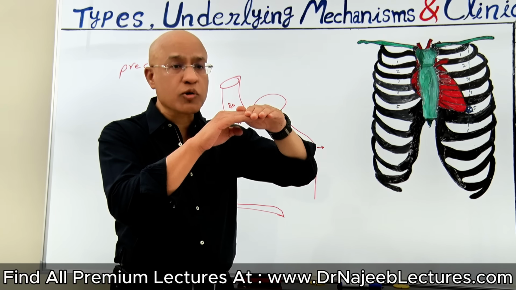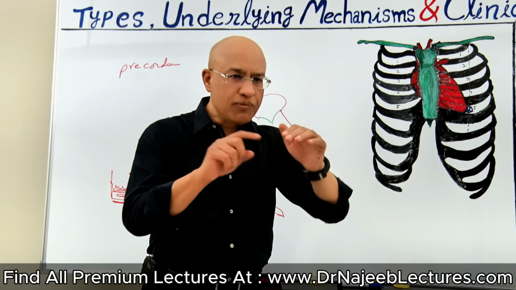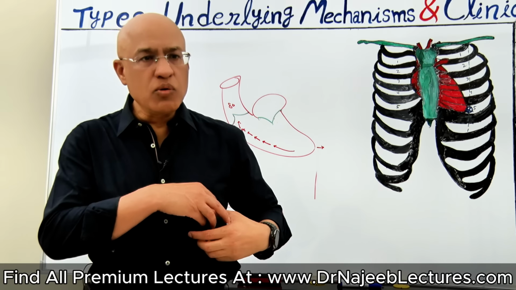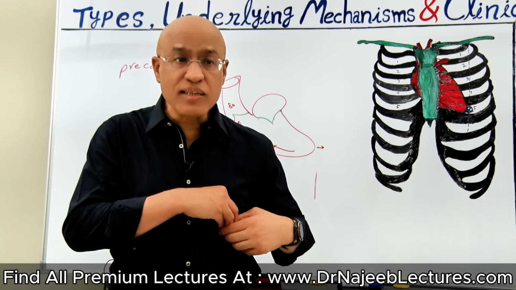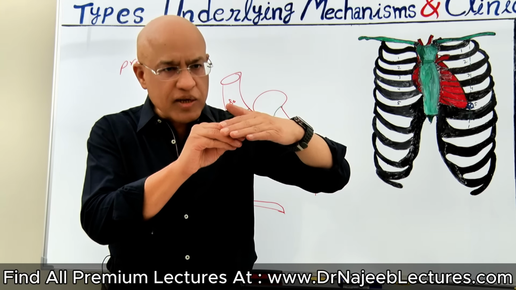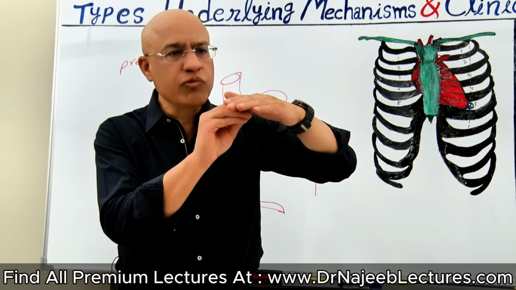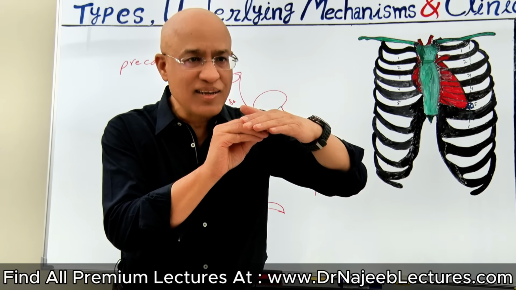That left ventricular contraction is stronger than normal. If left ventricular contraction is much stronger than normal, then it will hit the precordium more strongly, right? And it will elevate it for a while, right?